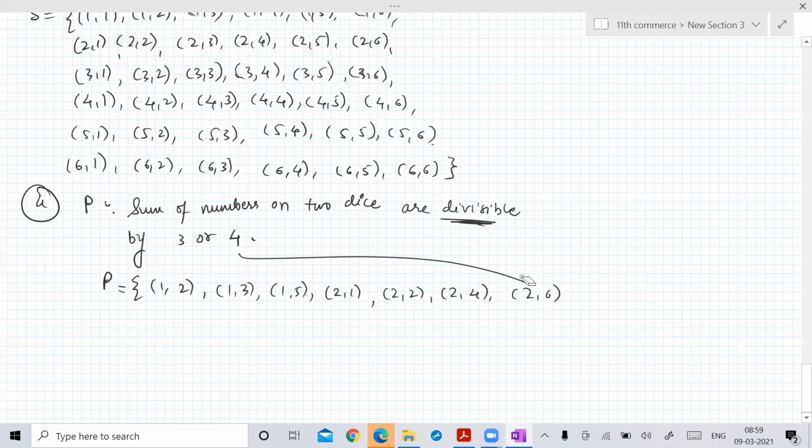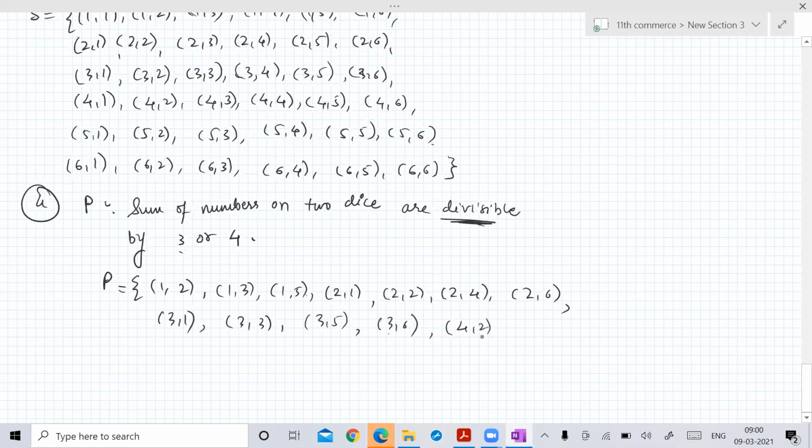Next 3,1, again 4. 3,3 is 6, divisible by 3. 3,5 is 8, divisible by 4. 3,6 is 9, divisible by 3.